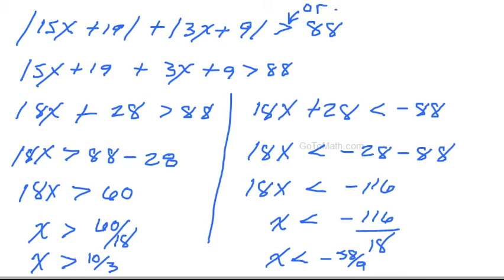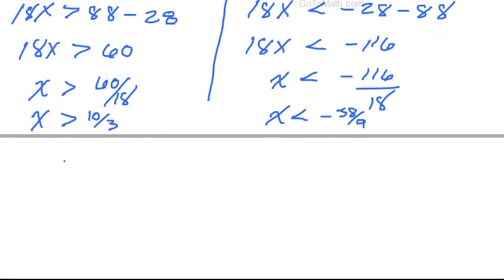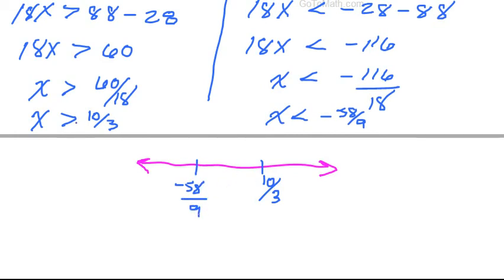That means or, and also think of union. You're going to union both of these sets, right? And so we've been doing number lines, so we might as well just continue to do that so you can kind of see the picture there. All right, so let's say that this is 10 thirds, and we'll say this is negative 58 over 9. So x is greater than 10 thirds.